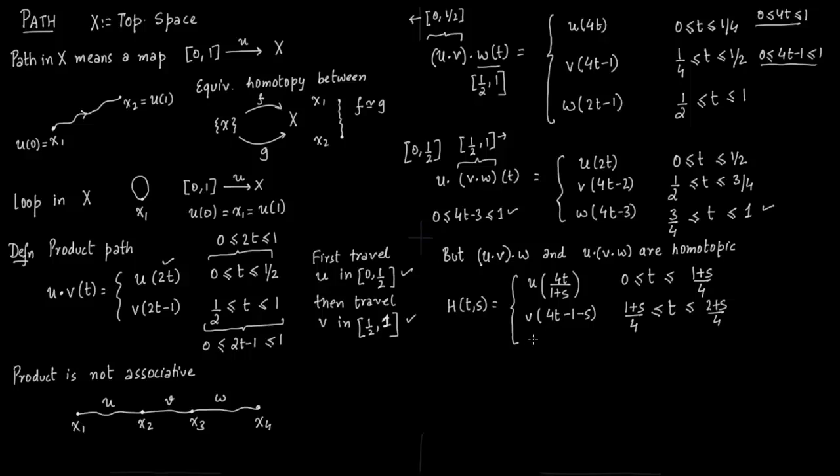So we need some kind of inspiration to write these homotopies. And finally you have w of 4t minus s minus 2 divided by 2 minus s. Again this has to lie between 0 and 1, and you rearrange this to get 2 plus s by 4 less than or equal to t, which is less than or equal to 1.